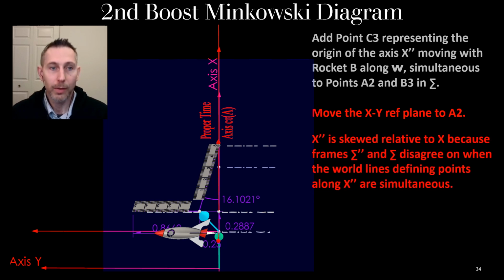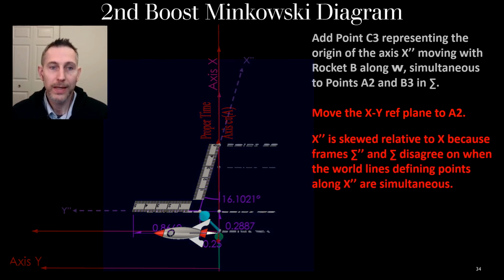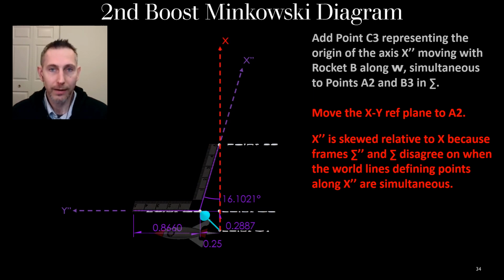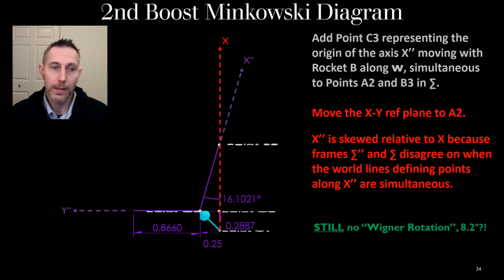Note that the x double prime axis in purple is skewed relative to the x-axis in red because the sigma double prime frame disagrees with sigma on when the world lines defining the points along x double prime are simultaneous. Still, there is no 8.2 degree rotation, but we'll see how the angle skew is relevant.